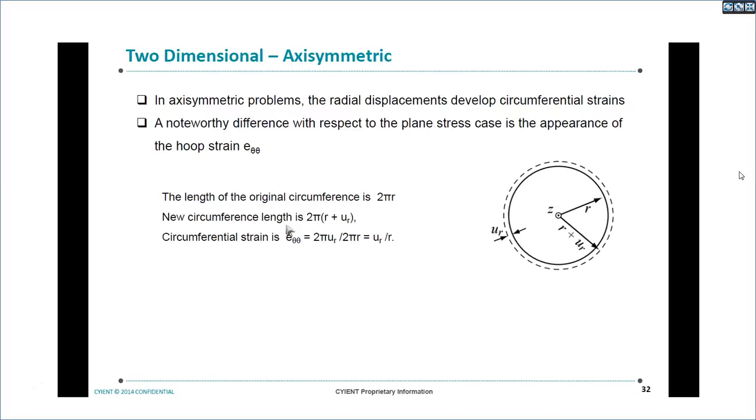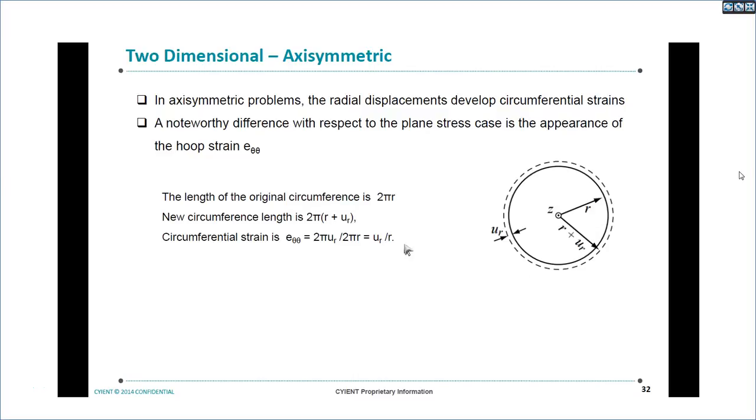So in general, in axisymmetric problems, radial displacement develops circumferential strains. If it is subjected to a load, definitely these cylinders will deform, and the radius will change from R to R plus delta R. Then if you try to measure the circumferential strain, the circumference length is given by 2 pi r.